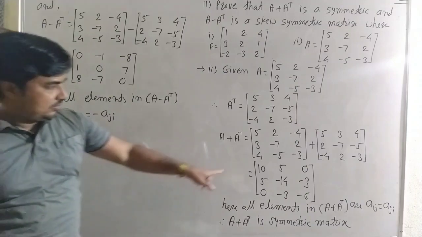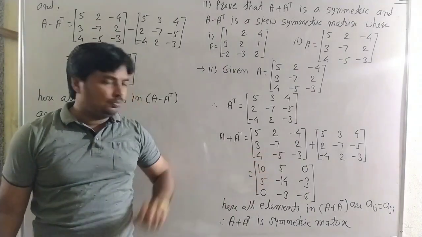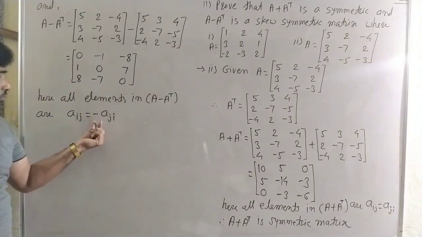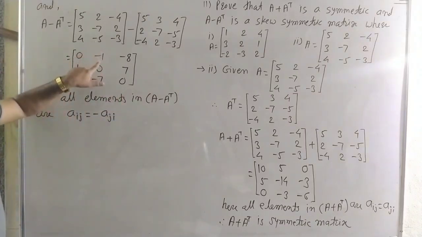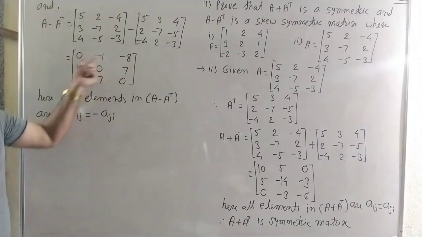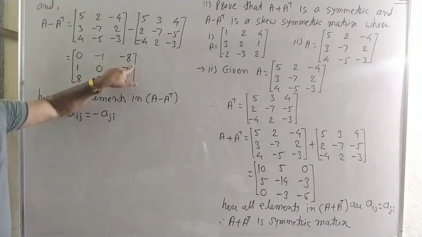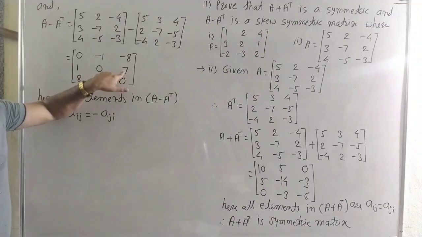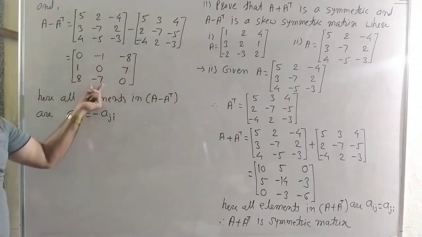Okay, here for the symmetric matrix Aij is equal to Aji, but for a skew symmetric matrix Aij is equal to minus Aji. Here the 1 2 position element is 1, so the 2 1 position is the negative of this, that is minus 1. The 1 3 position is minus 8, then the 3 1 position is 8. The 2 3 position is 7, so the 3 2 position is minus 7.